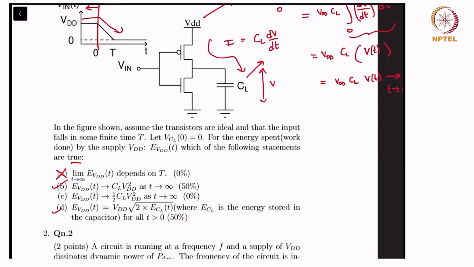And as we've just noted, the energy of VDD just goes to CL VDD square, and so this is correct.